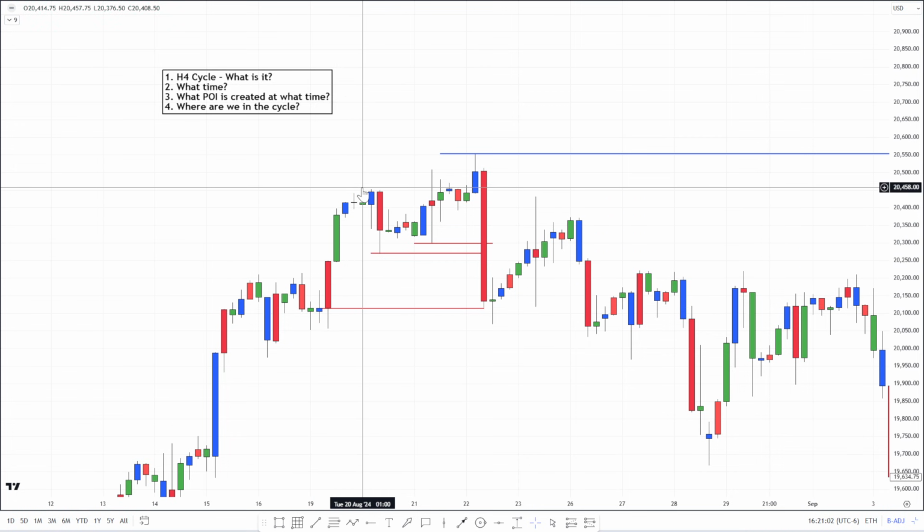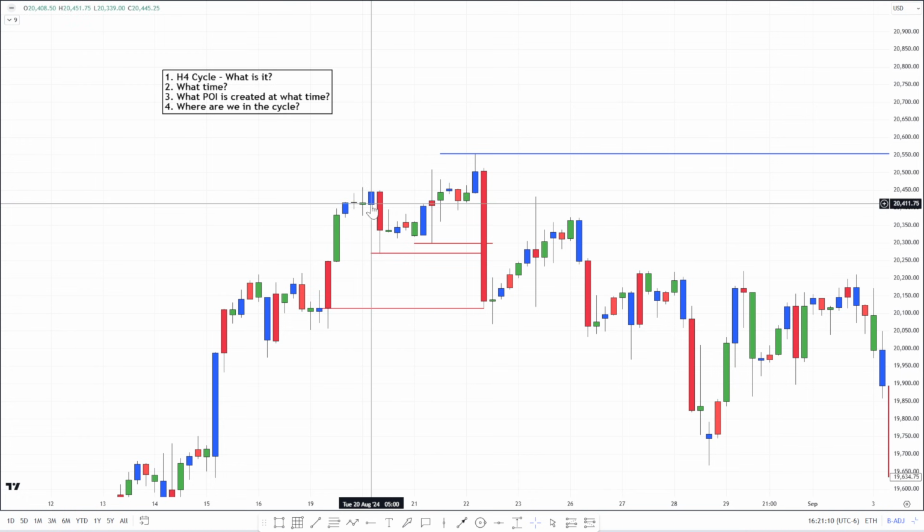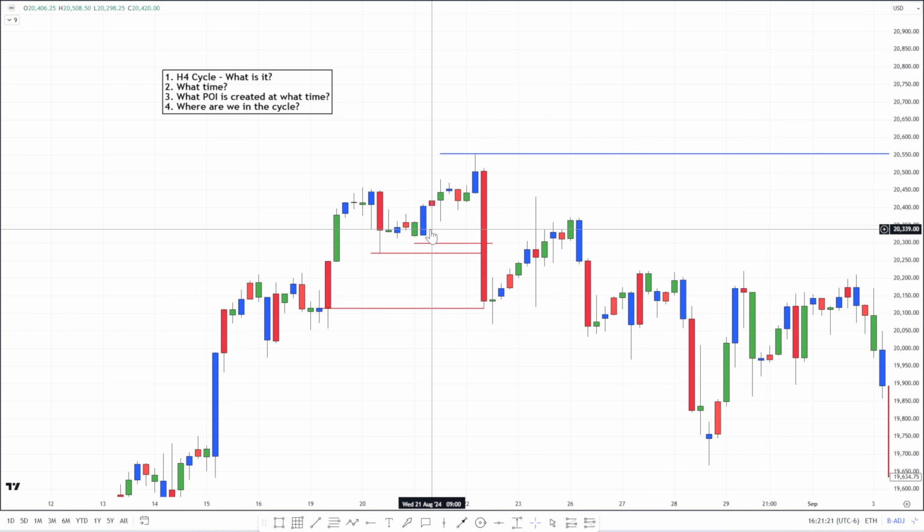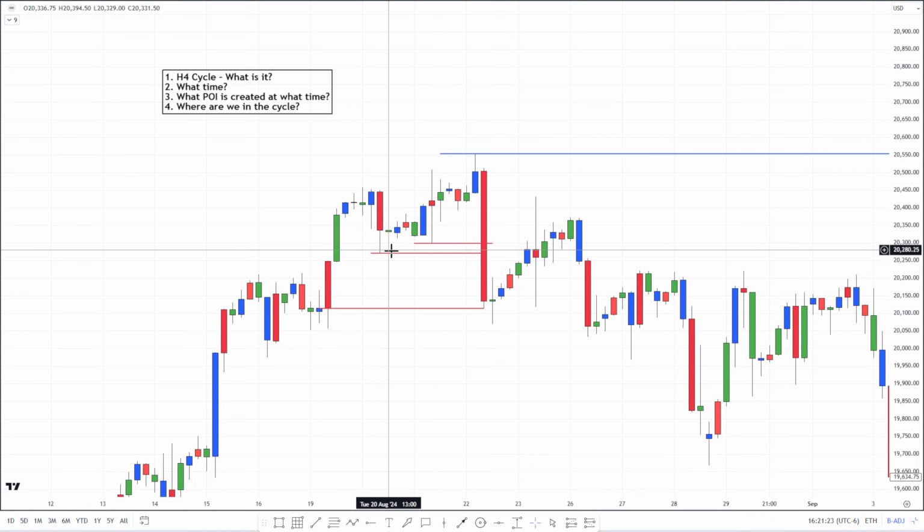We create a high. Okay, this just happens to be a 1 a.m. candle that creates a high. Okay, we get a short-term low put in by a 9 o'clock candle, consolidates, price runs into this area as a rejection block.